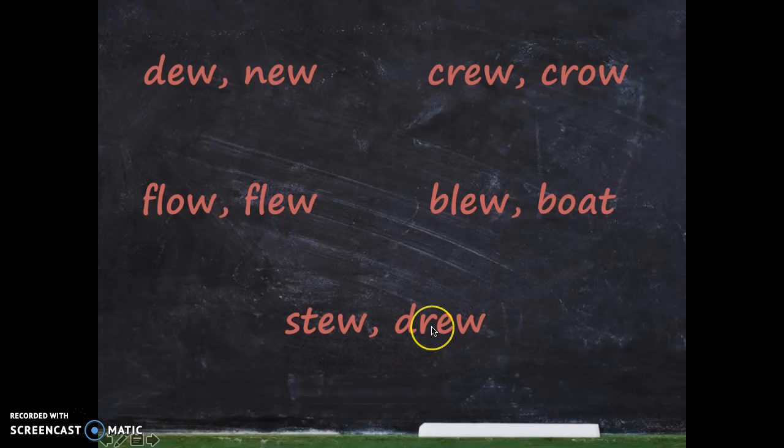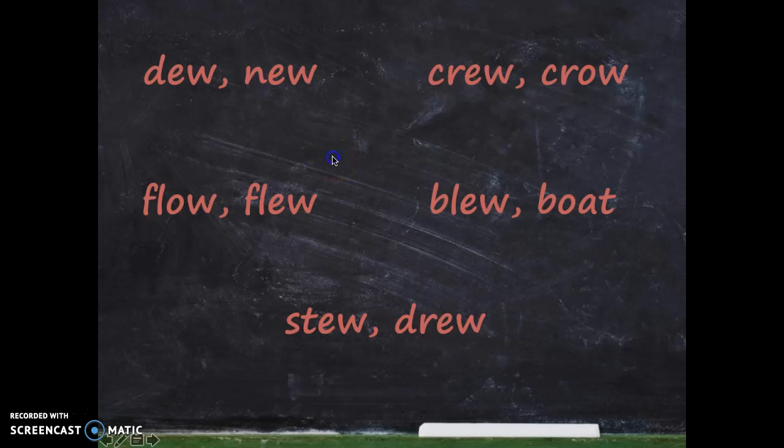What I would like you to do is to pause this video, see if you can identify the word pairs that have the same vowel sound and the ones that have different vowel sounds. If they are the same, you're going to want to say they have the same sound. If they're different, you're going to want to identify that they make a different sound. So pause the video and then come back and check your work to see if you identified the OO sound in these words.